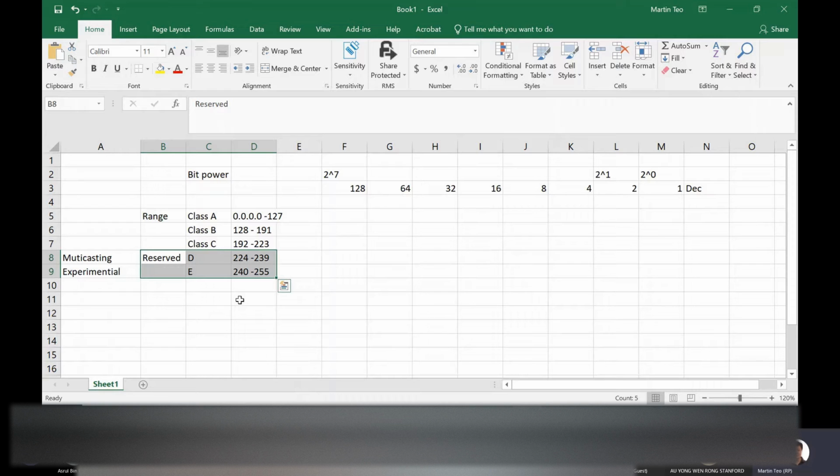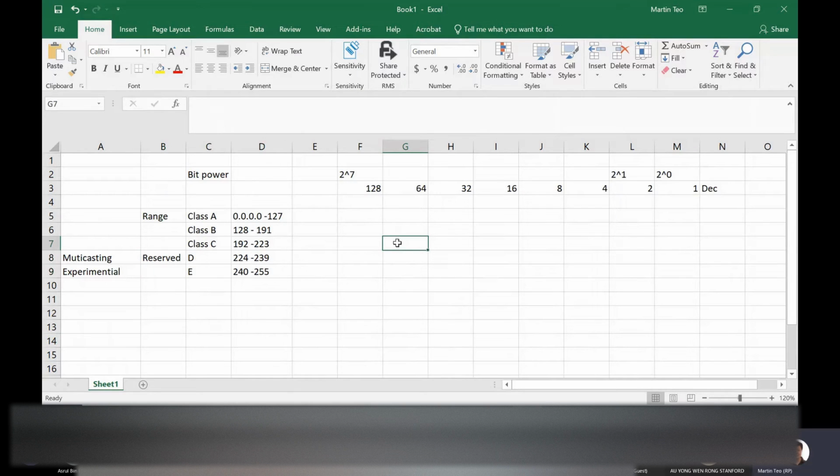So classes A, B, and C are the ones that we frequently use. For example, an IP address of 192.168.1.2 is actually a class C address space.